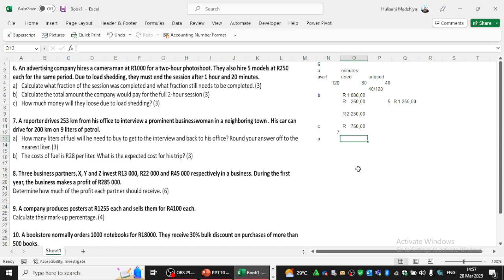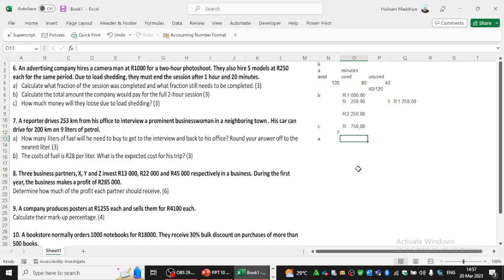Or we can calculate the number of kilometers that his car can travel based on the fuel that he has in his car. So let's do that through calculation, then it will be much easier to understand.